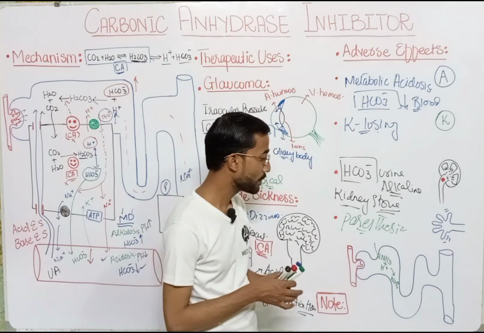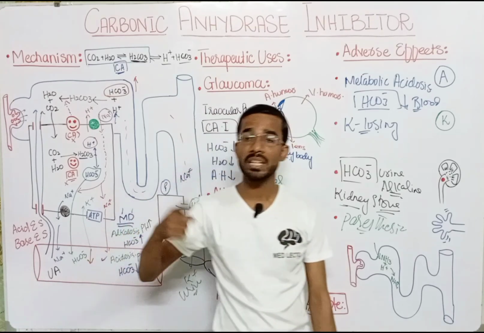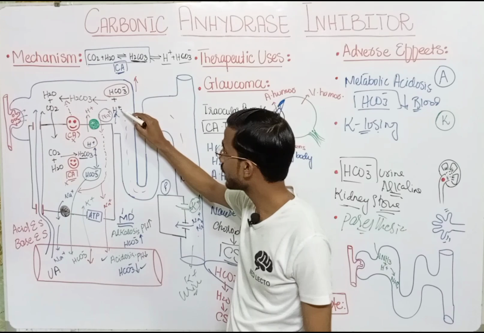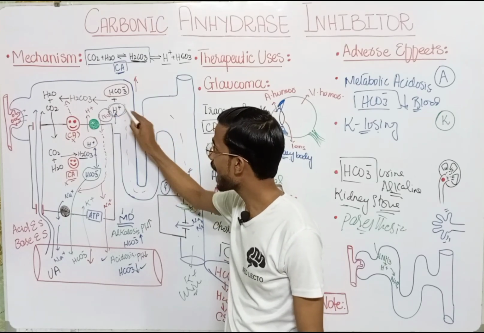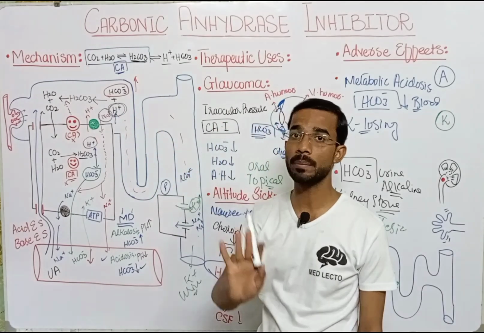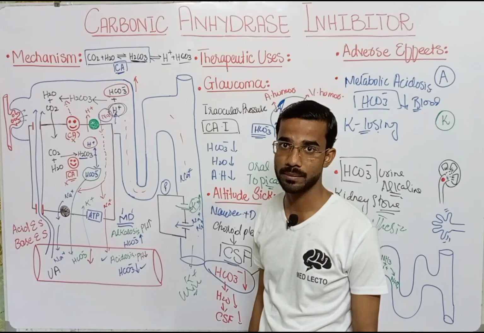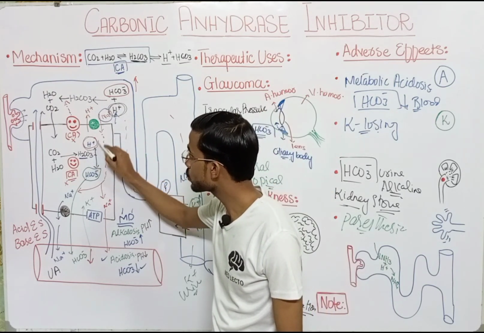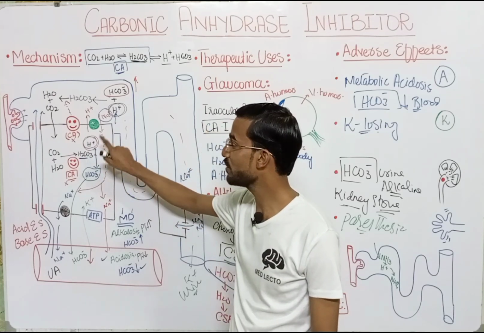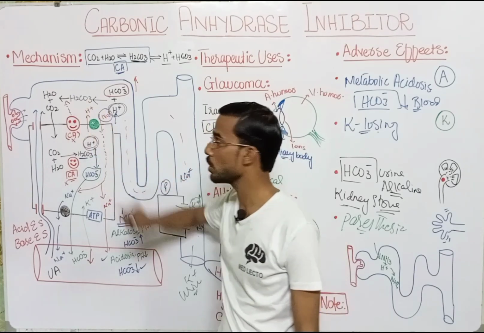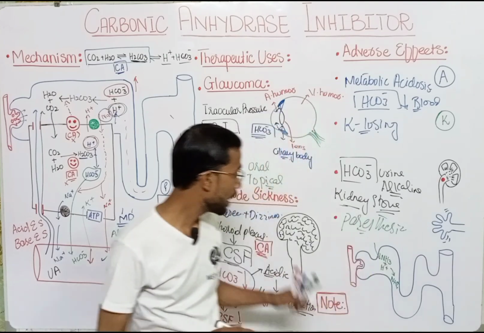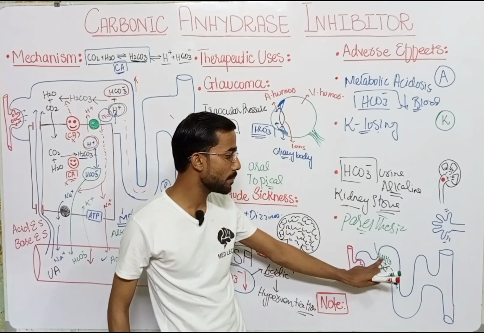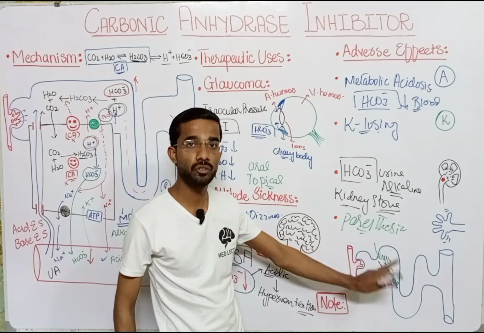Now, when we use the carbonic anhydrase inhibitor, what will happen? This H positive ion will not be present, because in this case the ion is not produced in the cell. If it is not produced, it will not be lost into the tubule. So H positive is not present, and you will see only ammonia, NH3.